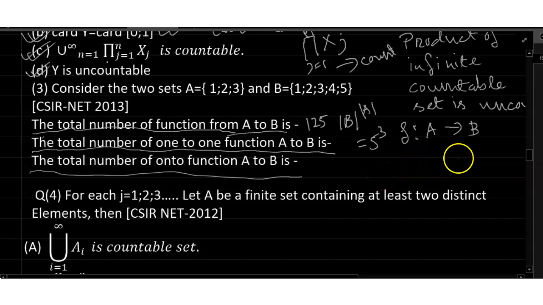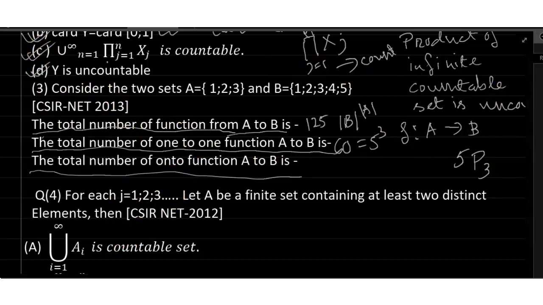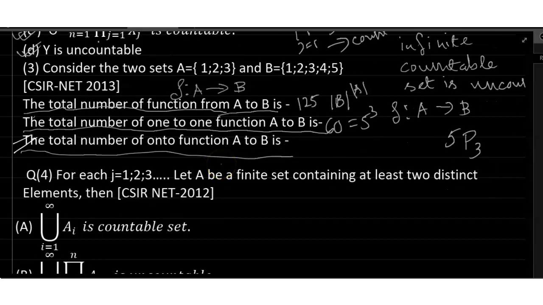And the total number of 1 to 1 functions from A to B is 5P3, this value is 60, and the total number of onto functions from A to B is, we have to find out.